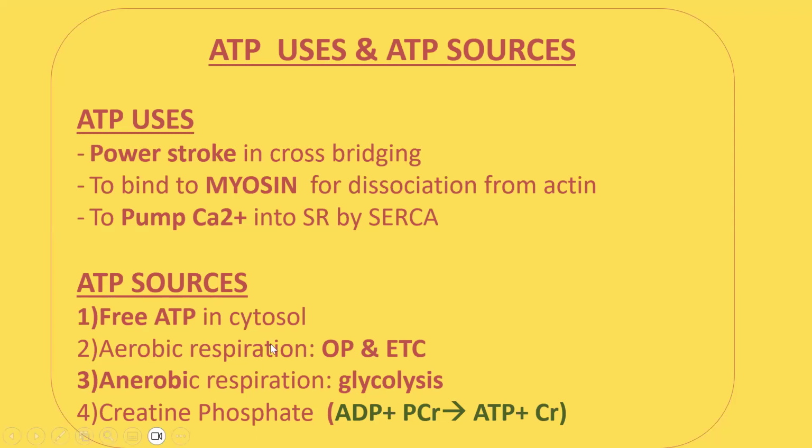The second source is aerobic respiration, oxidative phosphorylation and the electron transport chain, how we regenerate ATP in the mitochondria. The third source, which happens mostly during exercise or anaerobic activities like running and swimming, is anaerobic respiration and glycolysis, the pathway that generates lactate.